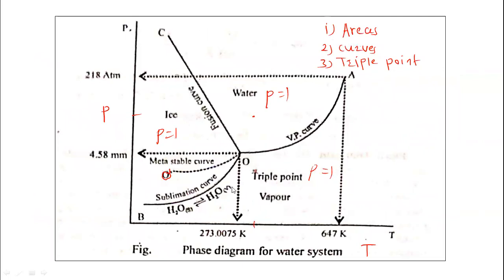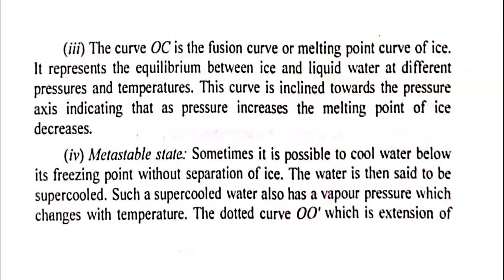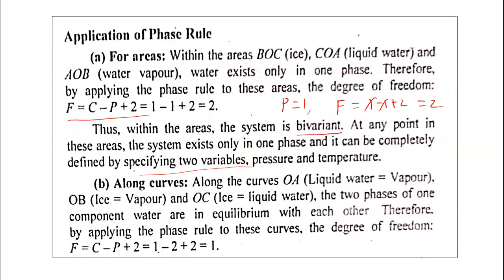So the triple point exists only at a particular temperature and particular pressure. This is about the triple point. Three phases are existing there along the triple point.